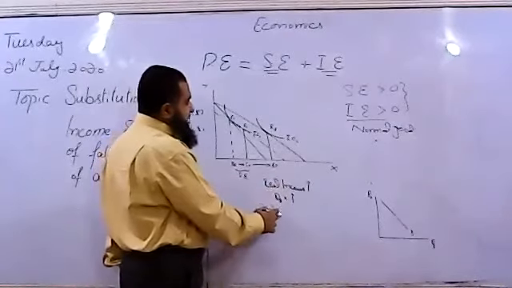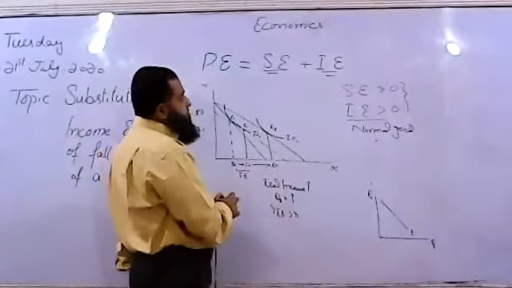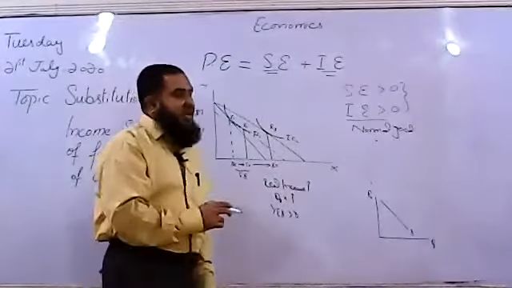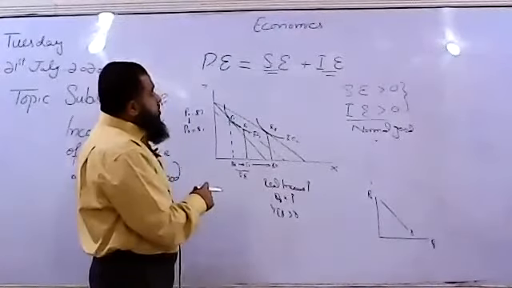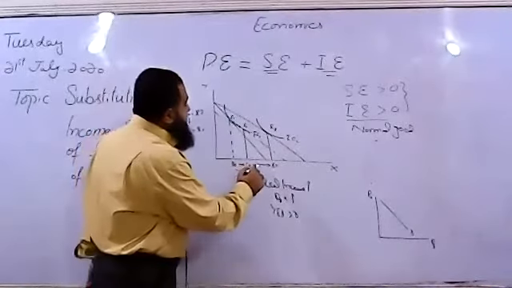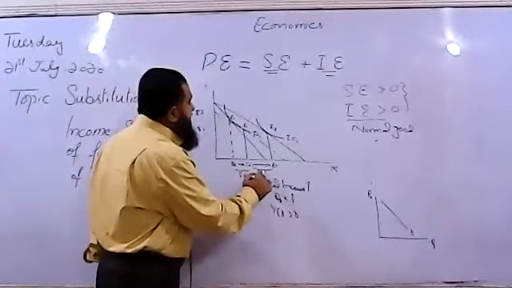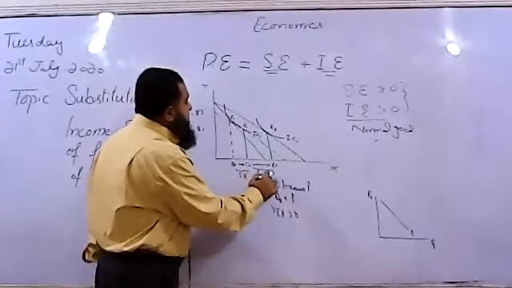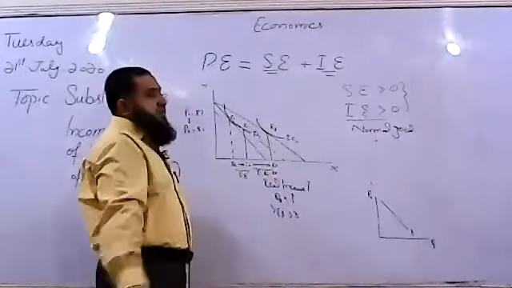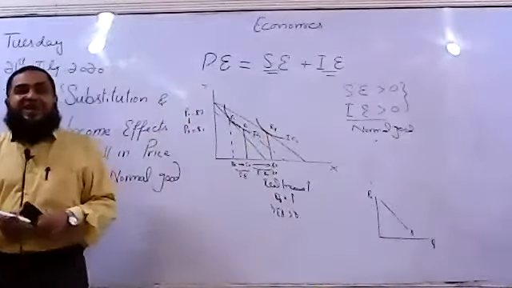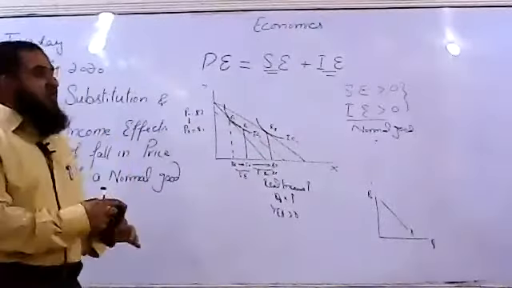That is, income elasticity of demand is positive. Due to the increase in real income, he is able to afford more. So this is called the income effect. From here to here, this is the income effect. 3 units of X are further increased due to the increase in the real income of the consumer.